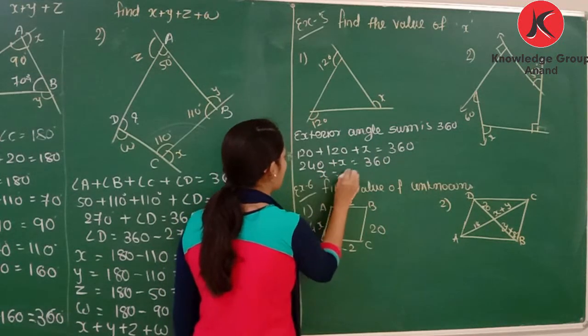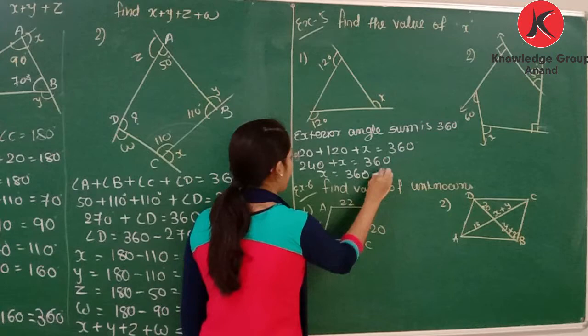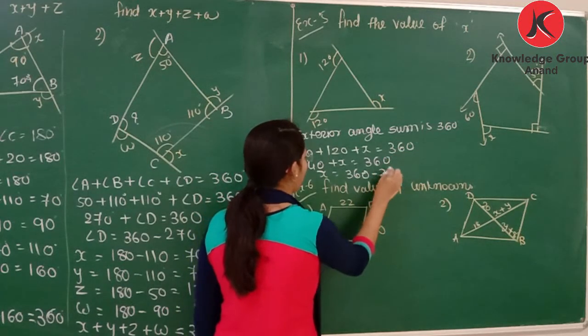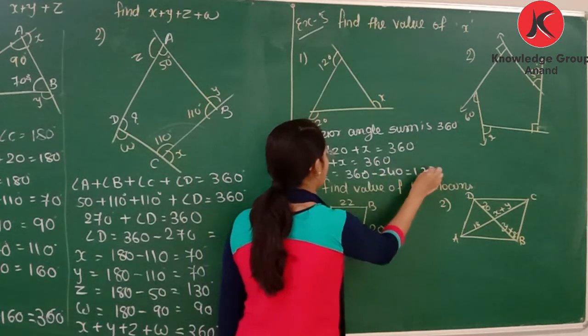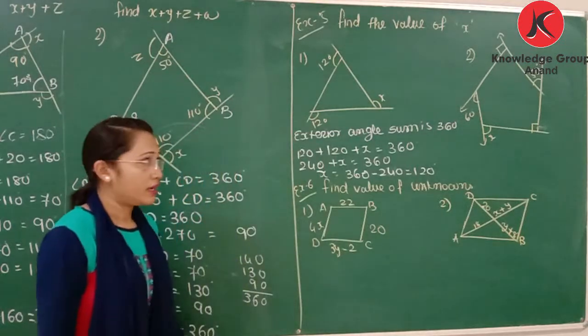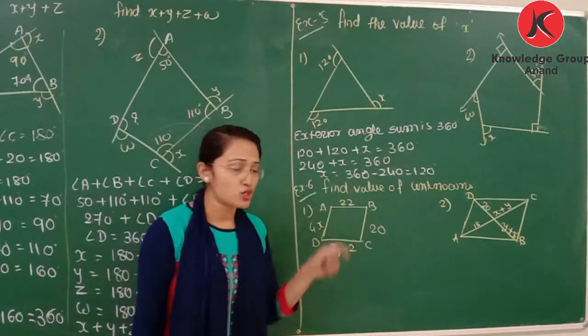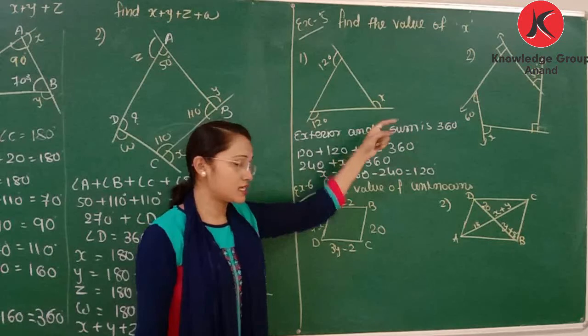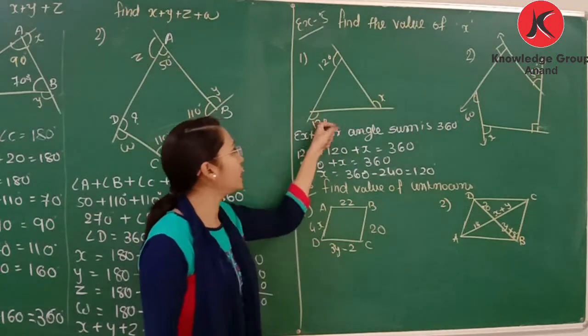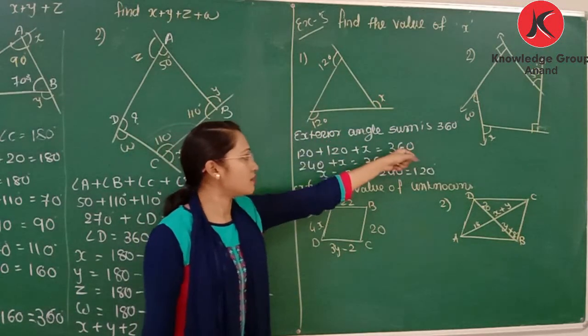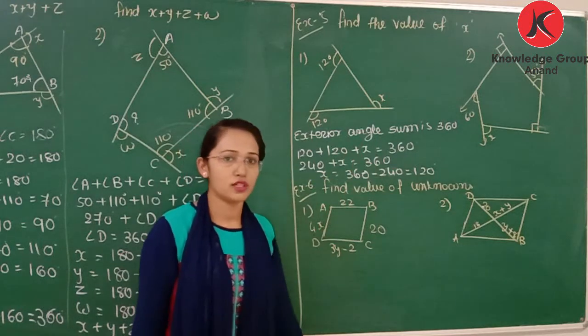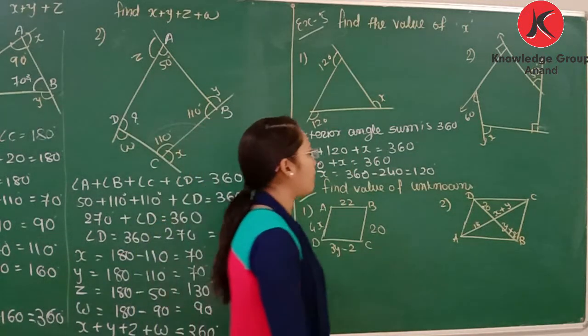So X is equal to 360 minus 240, that is 120. Clear? Here interior angles are not given, so you can directly write exterior angle sum is 360. So if you solve the equation, you will get X is equal to 120.